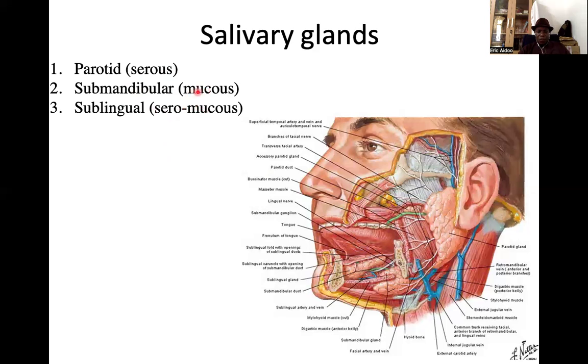Sometimes you read from books that the submandibular has both serous and mucous, but it will have more serous than mucous. The sublingual also has a mixture of serous and mucous, but more mucous than serous. You break it down as we look at micrographs.